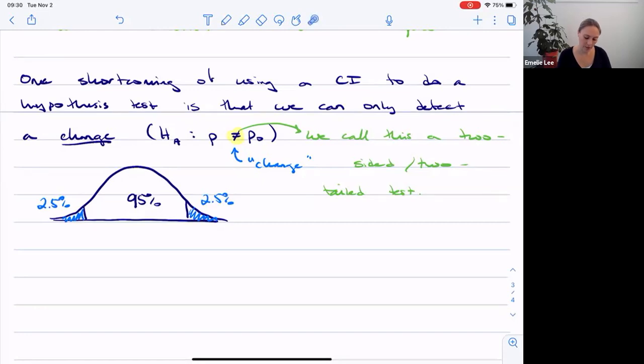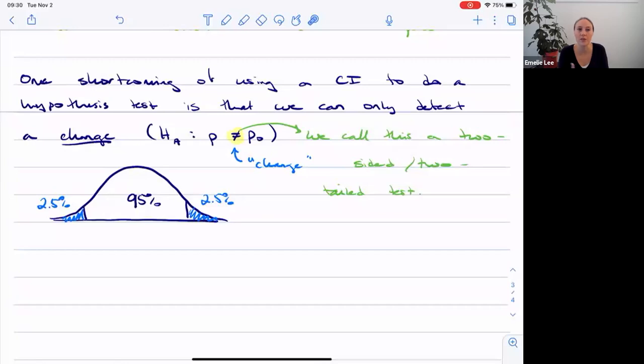So the problem is, using a 95% confidence interval, we already said there's a 5% chance that we're wrong, and that would be an error. There are names for those errors that we could be making, so let's talk about type 1 and type 2 errors. We'll talk about the different mistakes that we could be making that we don't know we're making, because we have to assume that our data is good.